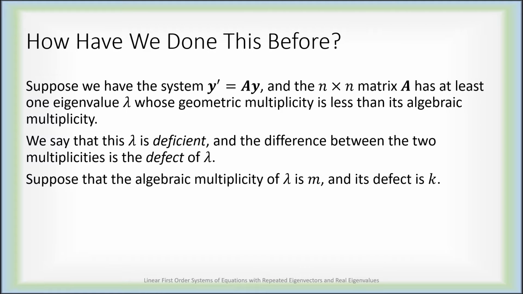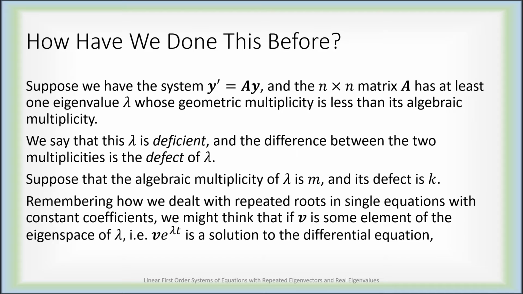So for the sake of argument, let's suppose that A is a matrix with an eigenvalue lambda with multiplicity m and defect k. So its algebraic multiplicity is m, but its geometric multiplicity is m minus k. Now we've dealt with repeated roots in characteristic equations before, when we had a linear differential equation of higher order with constant coefficients.